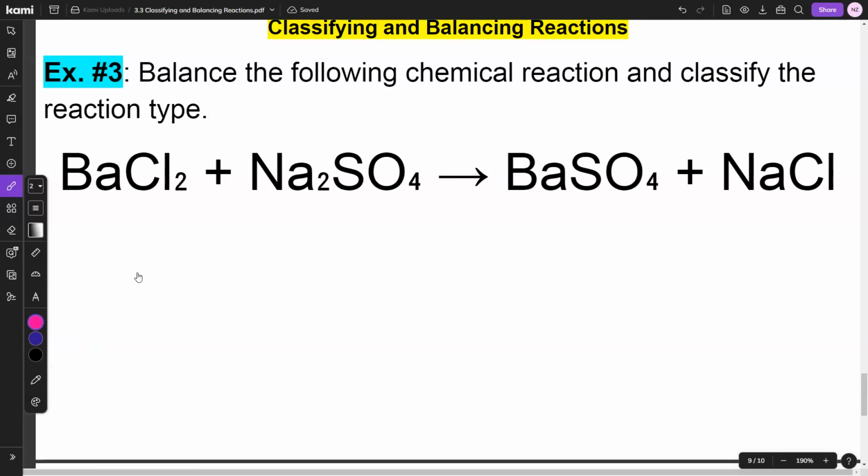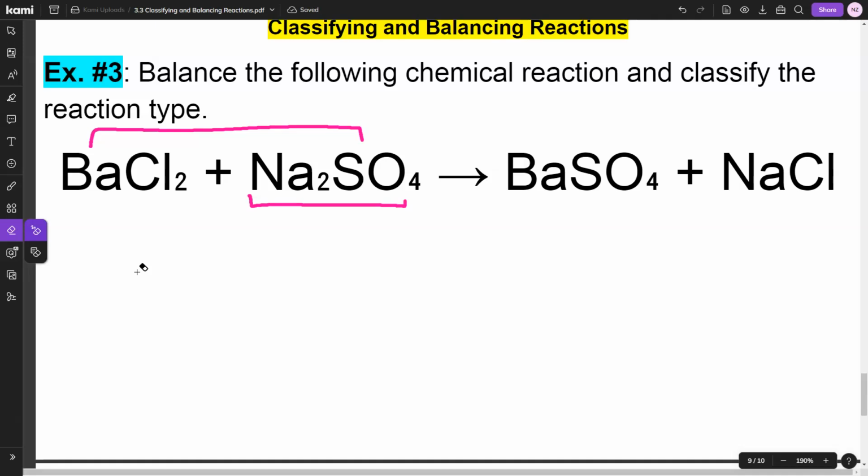So here we have 2 ionic compounds. And if you notice, the barium ends up matching up with the sulfate, and then the sodium matches up with the chlorine. Okay, there we go.